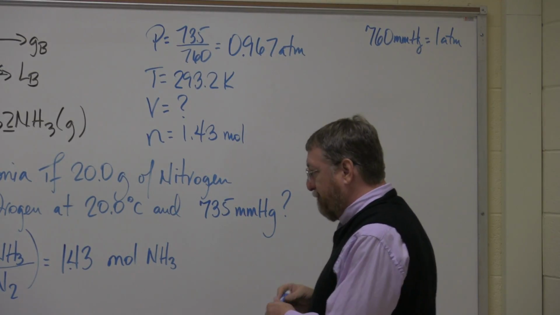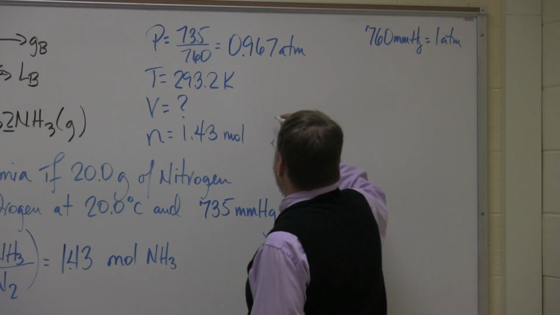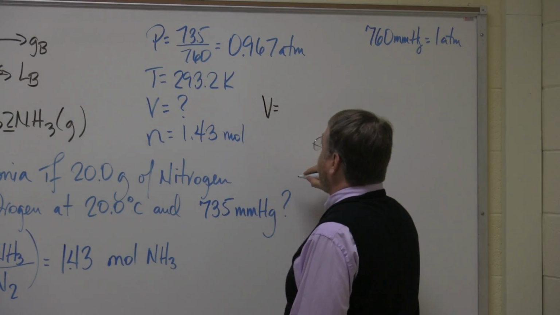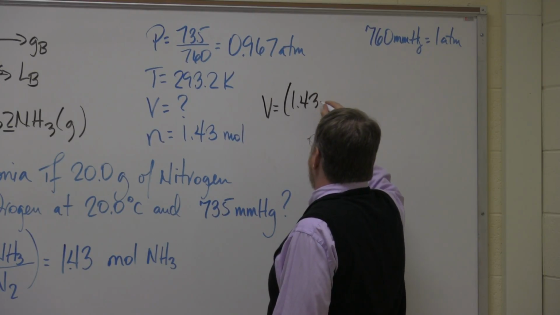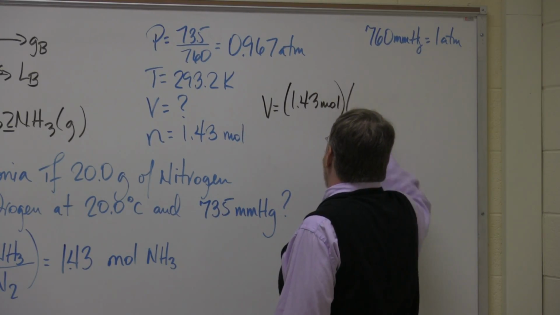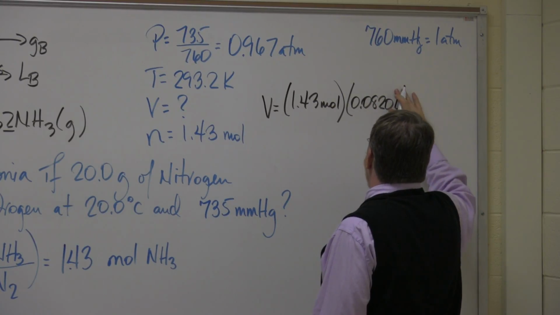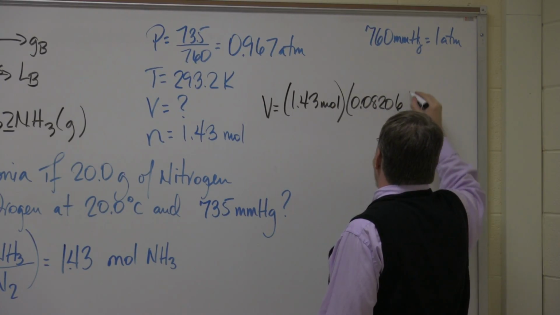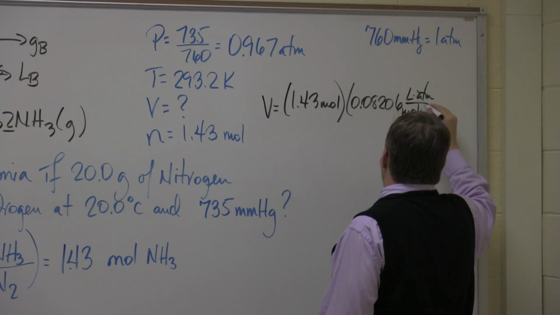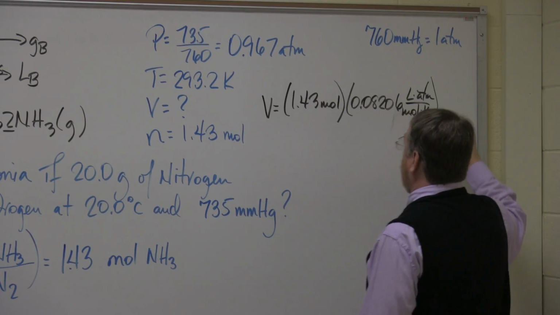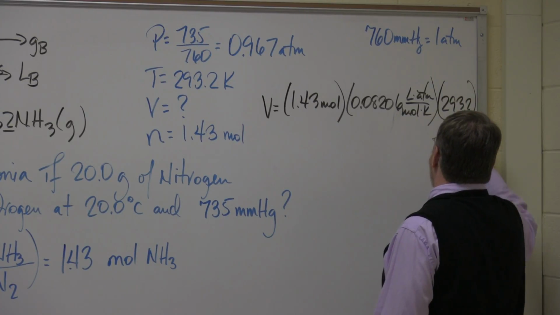Now we can plug in to PV equals nRT. So we're going to say, okay, the volume is equal to the number of moles, 1.43, times R, 0.08206 liter atmospheres per mole Kelvin, times the temperature, which is 293 Kelvin.